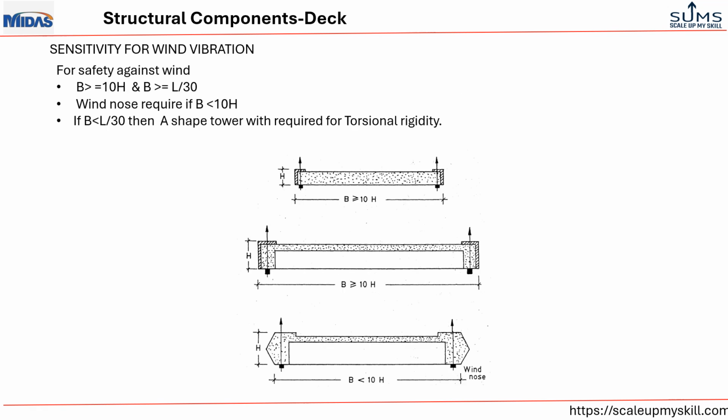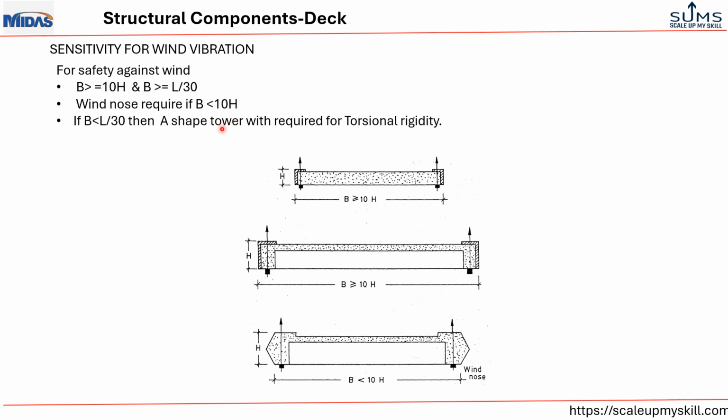Sensitivity to wind vibration depends on the proportion size of the deck. So based on past studies, if the width of the deck is greater than 10 times the depth of the deck, and also if it is greater than span length L divided by 30, then it is considered to be safe against wind vibration.